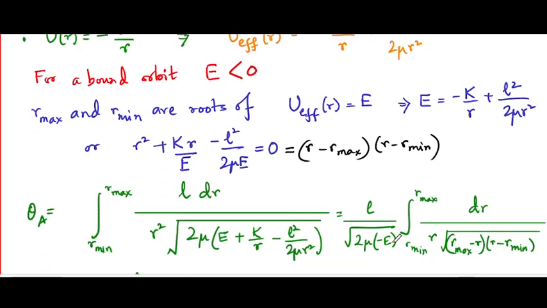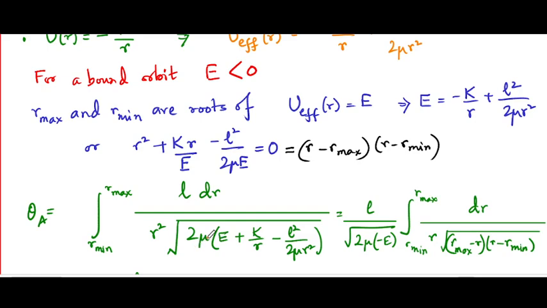Now, theta a, the integral that we have to do, is basically an integral from Rmin to Rmax of L dR by R square, square root of twice mu E plus k by R minus L square over 2 mu R square. Taking a cue from what we had done here, that is multiplying by R square, I will just move one of the R's inside the square root and take square root of 2 mu times minus E out as a constant.